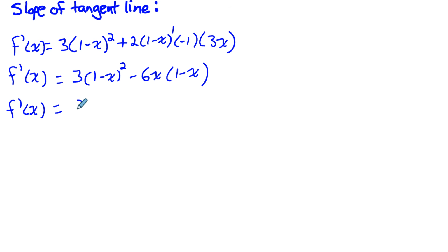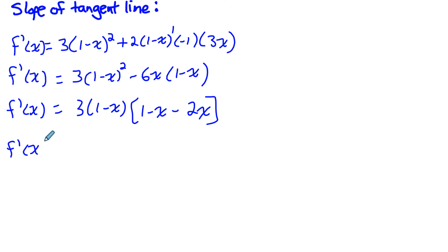Both terms, I could take out a 3 and a 1 minus x. And that would leave me with, when I divide the first term by this, 1 minus x. When I divide the second term by this, I would have minus 2x. So my derivative will be 3 times 1 minus x times 1 minus 3x.